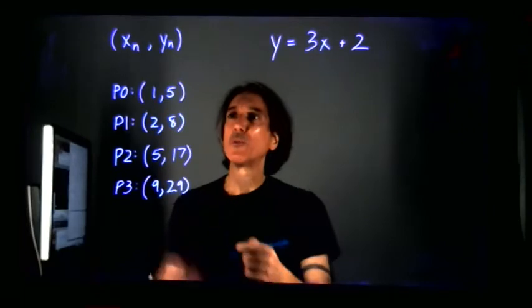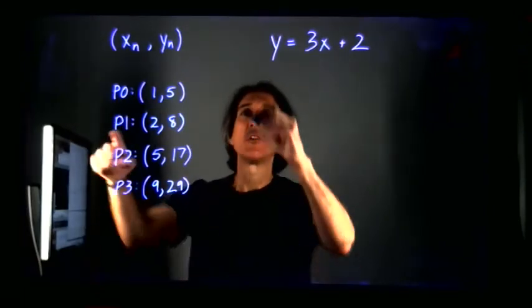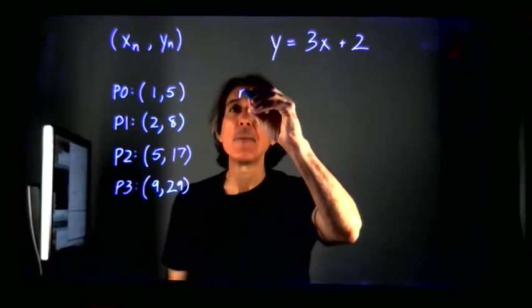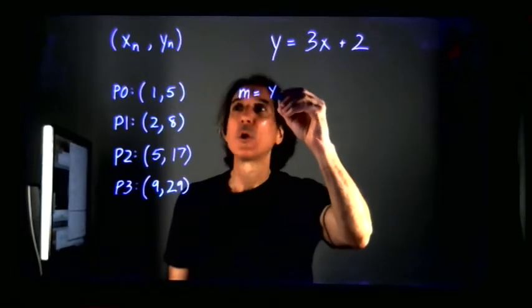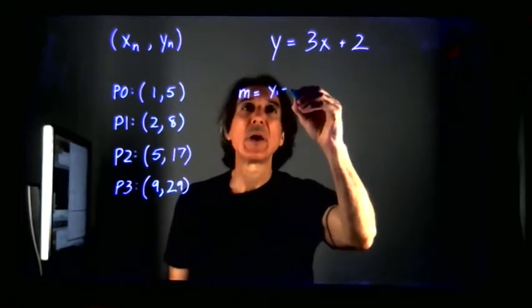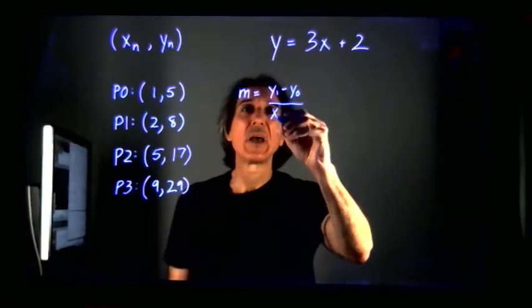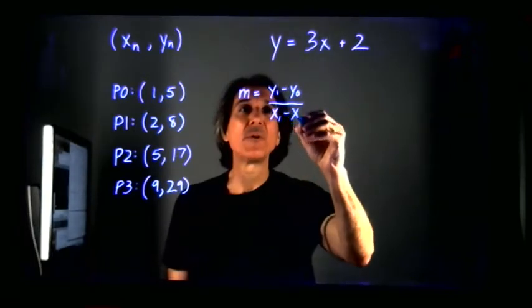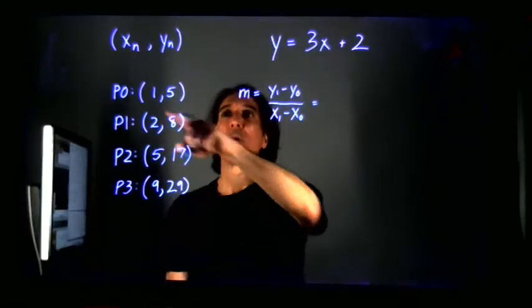Let's take a look at calculating the slope for each of these in different combinations. So we'll choose P0 and P1. P1 is our first point. So let's calculate m. We know that m will be equal to y1 minus y0 divided by x1 minus x0. And let's plug those 2 points in.